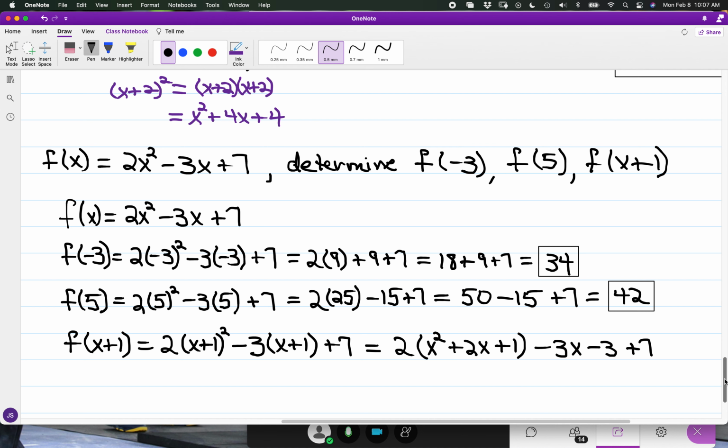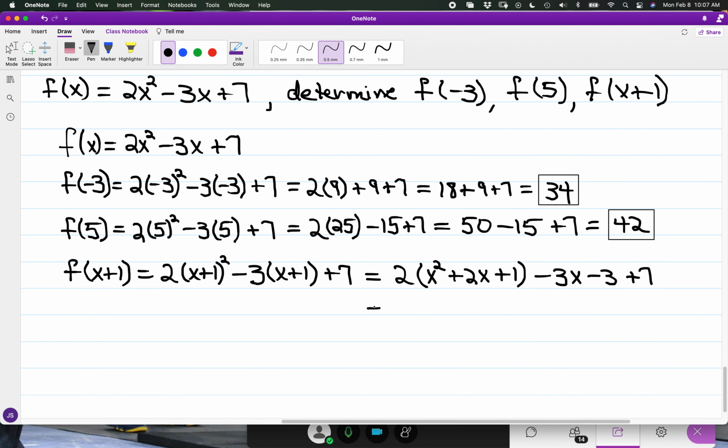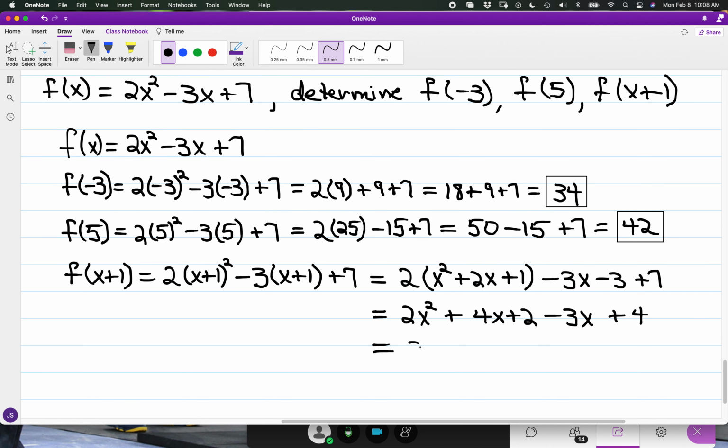Followed by the addition of 7. And distributing, 2x squared plus 4x plus 2, minus 3x, and go ahead and say negative 3 plus 7, which will be positive 4. And just combining the terms, you have 2x squared.